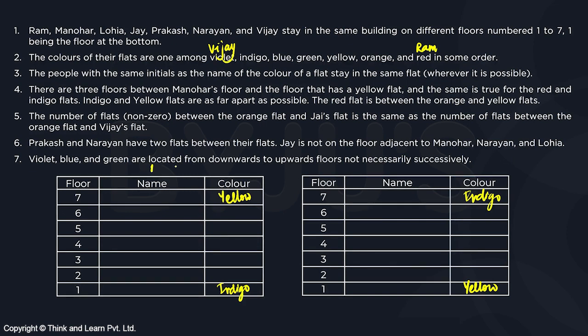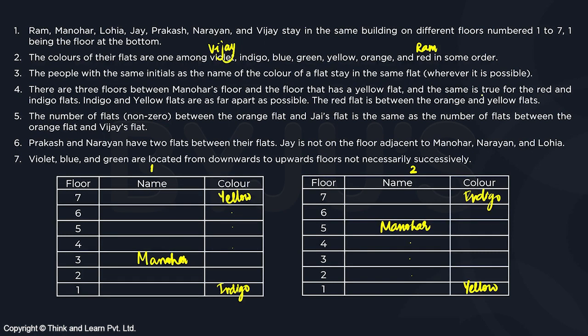So this is case number 1, this is second possibility. So between yellow flat and Manohar's floor, there are 3 floors. So we will have yellow, blank, blank, blank, and we will have Manohar. He is going to be at the 3rd floor. If we look at the second scenario, we will have yellow, 3 blanks, and then Manohar. So Manohar will be at the 5th floor in this case.